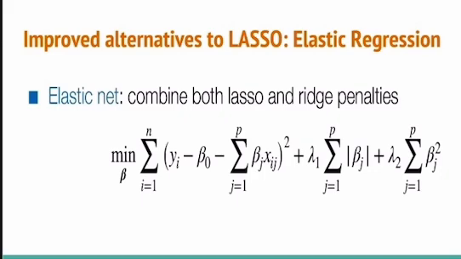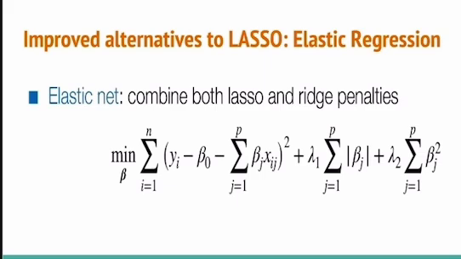But can we have a way to combine the two penalties, where we'll be able to perform variable selection and at the same time retain the most significant variables in the model? And the answer is yes. And that is what we call elastic net.